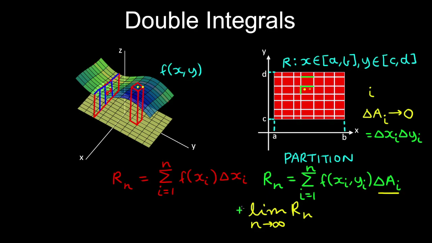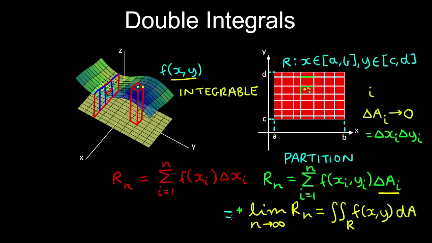Then if this limit of an arbitrary Riemann sum exists, no matter what points we choose to evaluate the Riemann sum, then the limit approaches the same limiting value, and therefore the function f is said to be integrable, and this limit is the double integral of the function over the rectangular region, which we denote as a double integral of f of x and y over the area of the region.